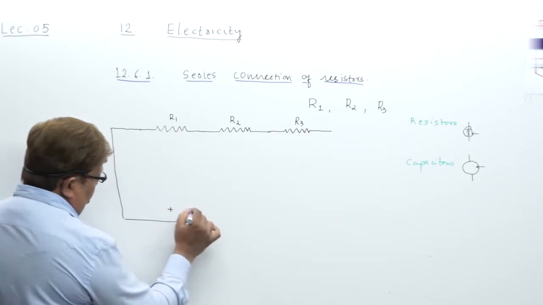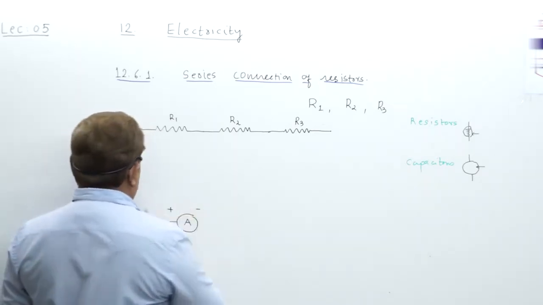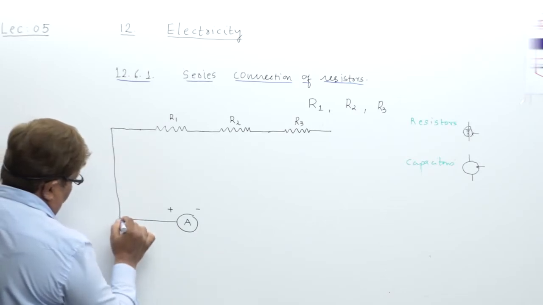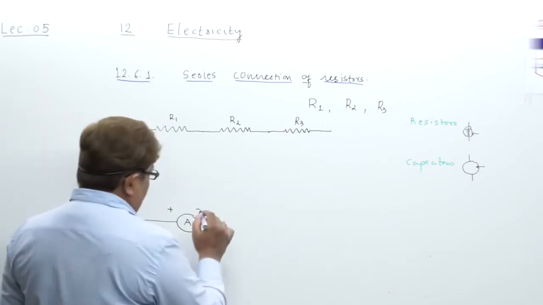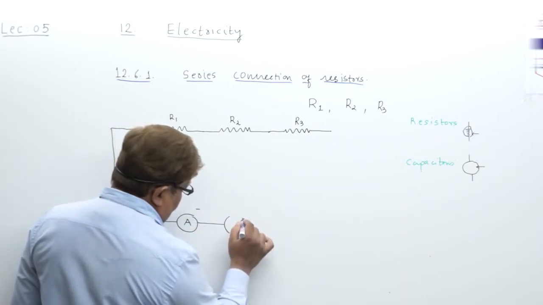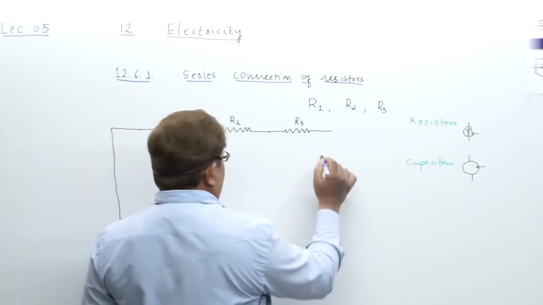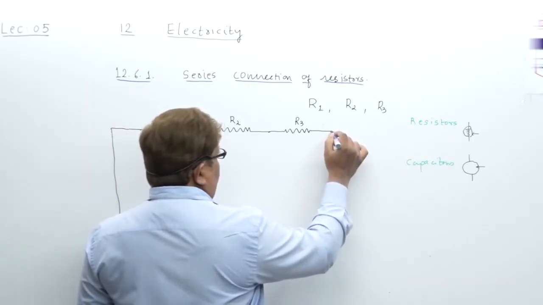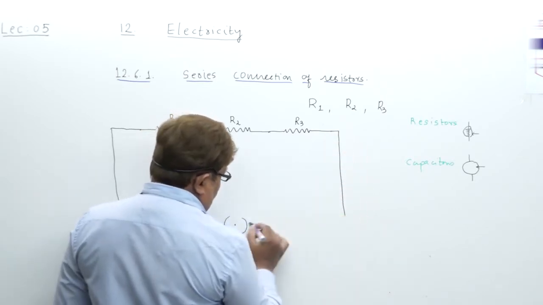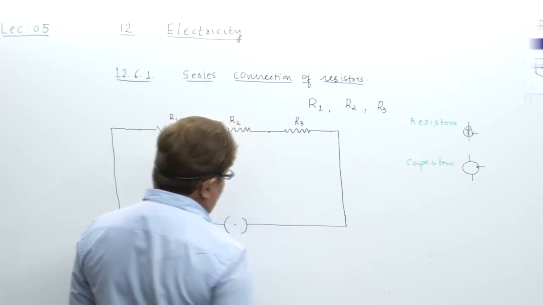What is the role of an ammeter that you know? Then this is the plug key. I am showing it closed already because that is what we are going to do. The complete path of the electric circuit we have shown.